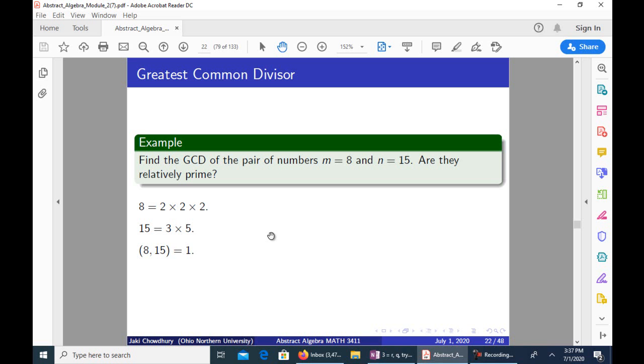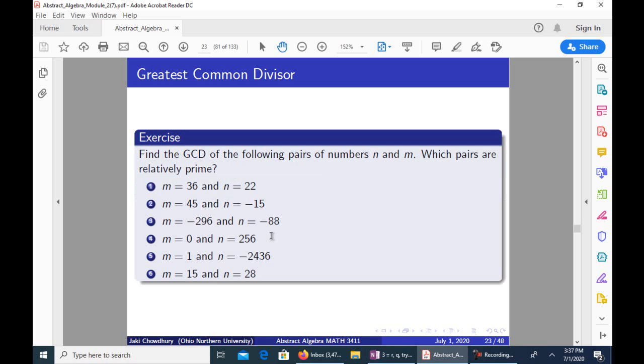When the GCD of two numbers is 1, we say that they are relatively prime. What it means is that they don't have a common factor or a common divisor greater than 1. So 8 and 15 are relatively prime.